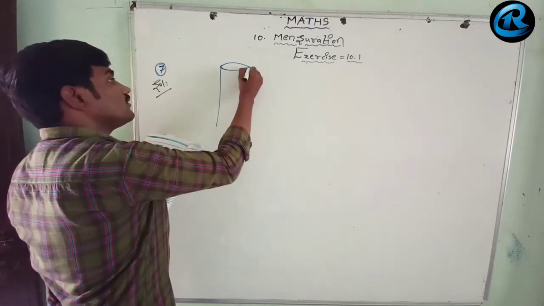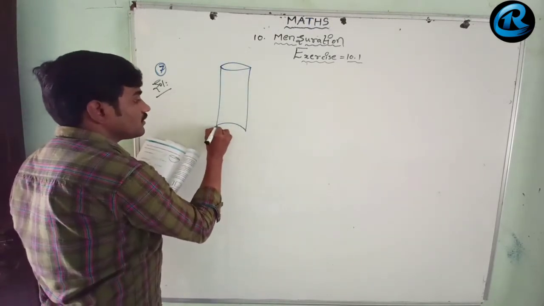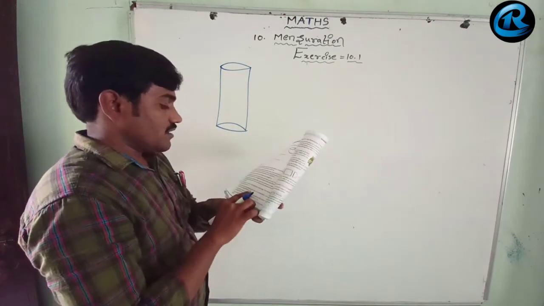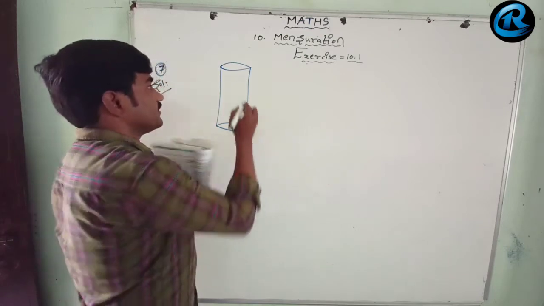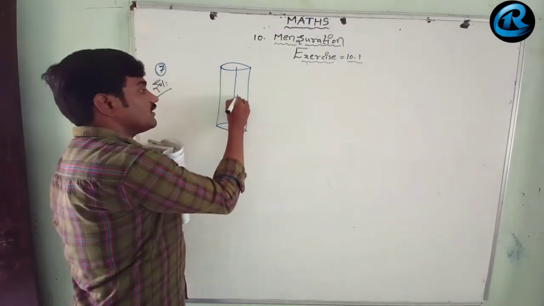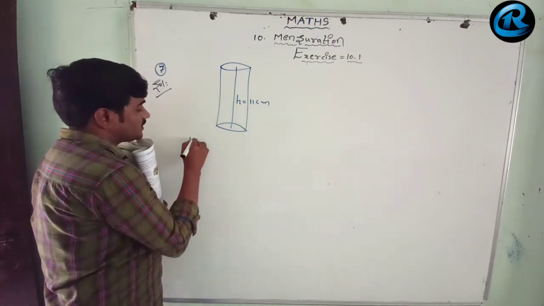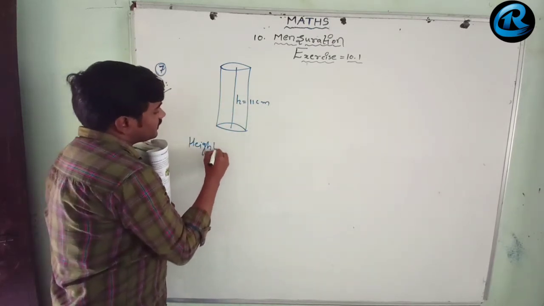అంటే ఒక iron rod ఎలా ఉంది? Cylinder shape లో ఉంది. Yes, the iron rod is in the shape of a cylinder. Its height is 11 centimeter.